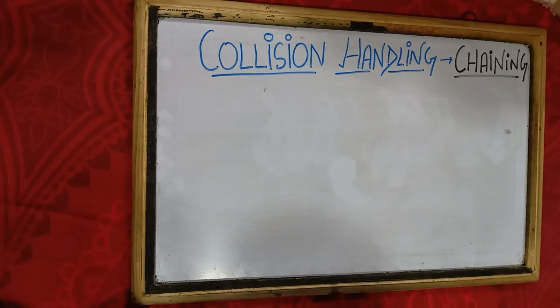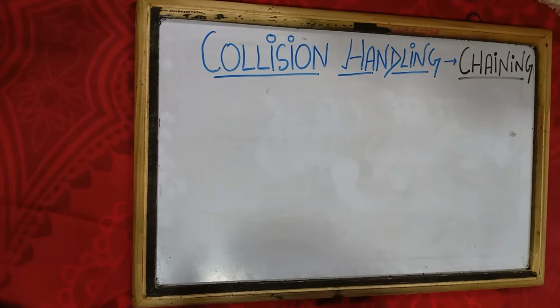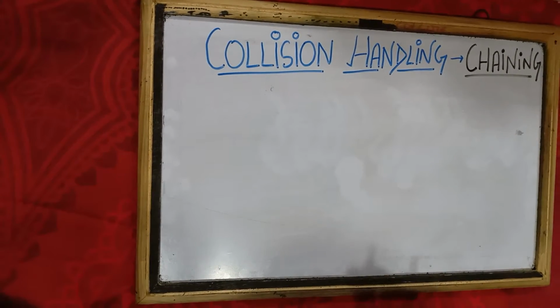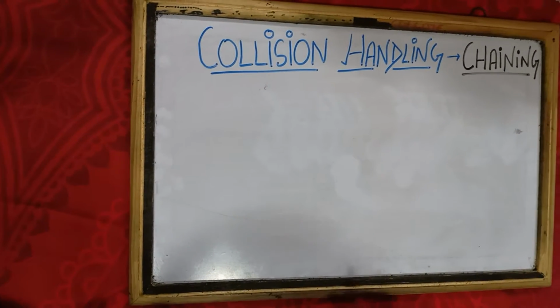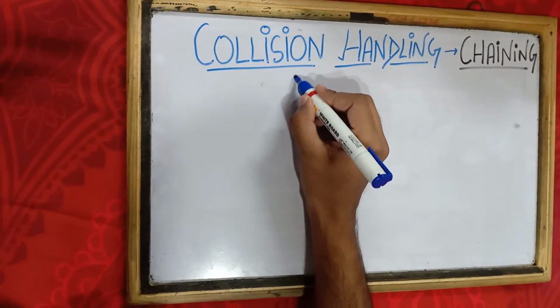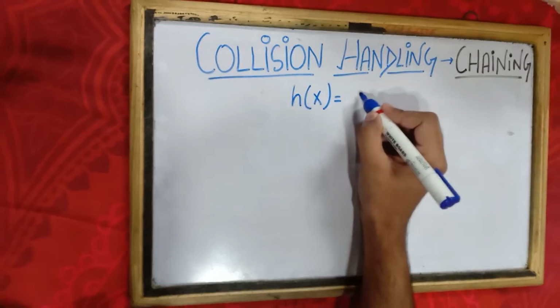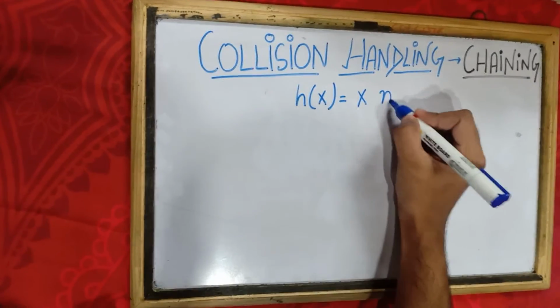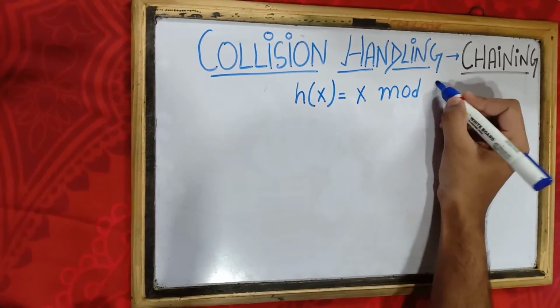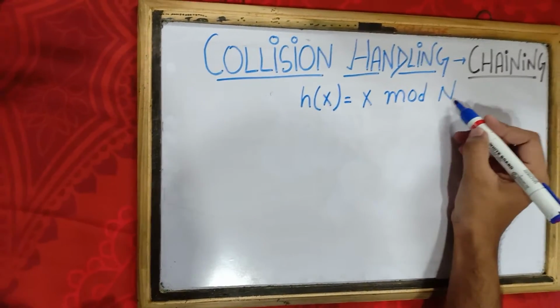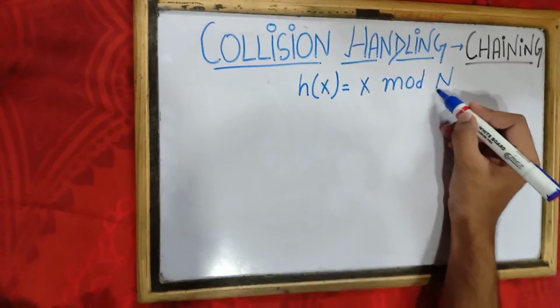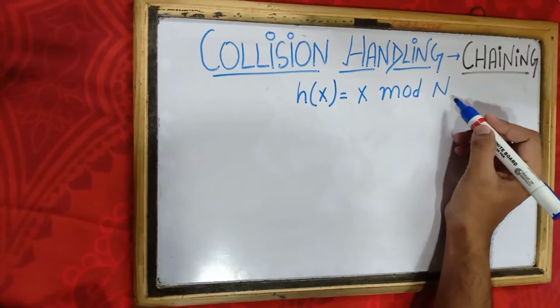First of all, I would like to give you an example of how a collision can take place. Let's say our hash function is h(x) = x mod n. Here, n refers to the size of the hash table.